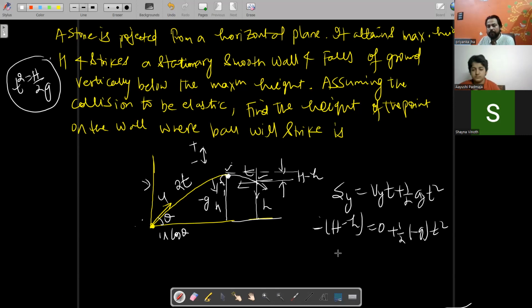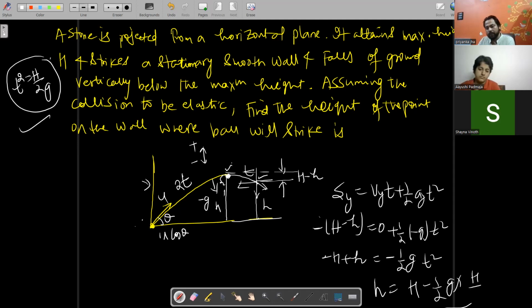So minus H plus h equals minus half g into t square. So h equals H minus half g into t square, and t square is H by 2g. G is gone, so this is H minus H by 4, and your answer is 3H by 4. This is a very good concept.